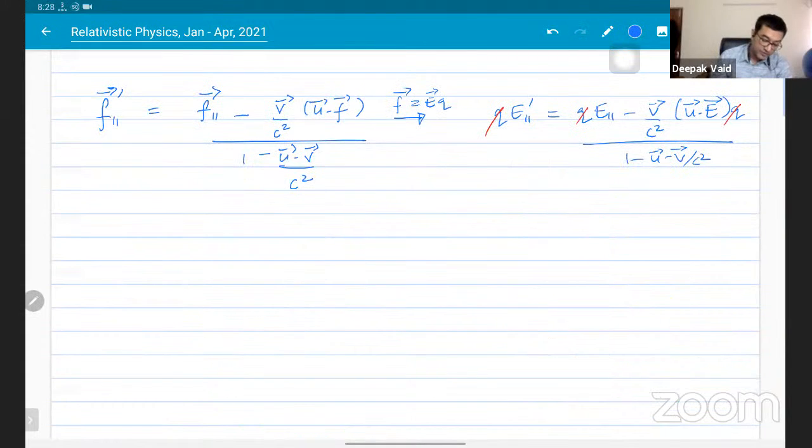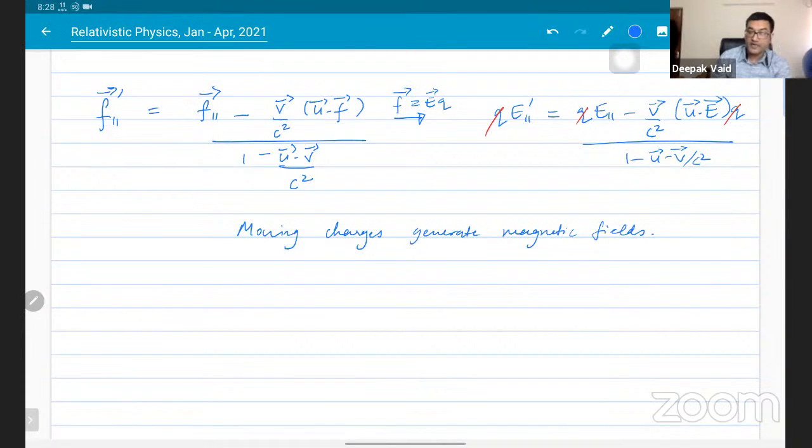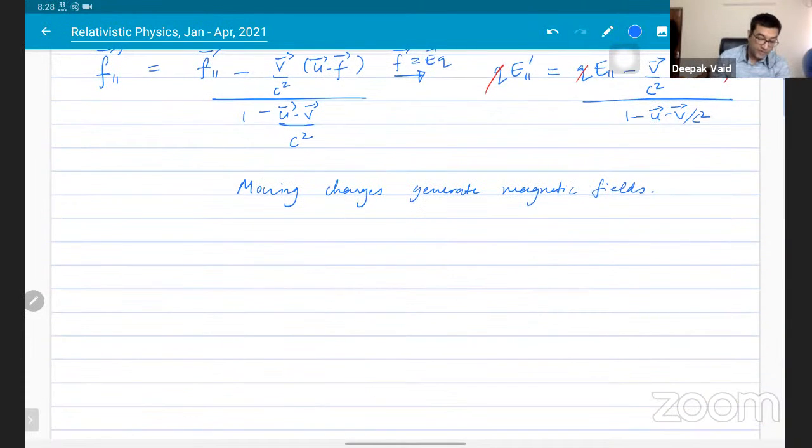And how do we know this? We know this because moving charges generate magnetic fields, right? We know this from Ampere's law. We know that if you have a current flowing in a wire, then this induces a magnetic field around the wire, right?